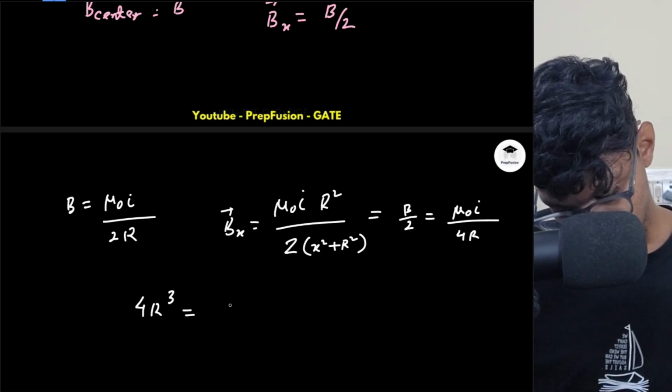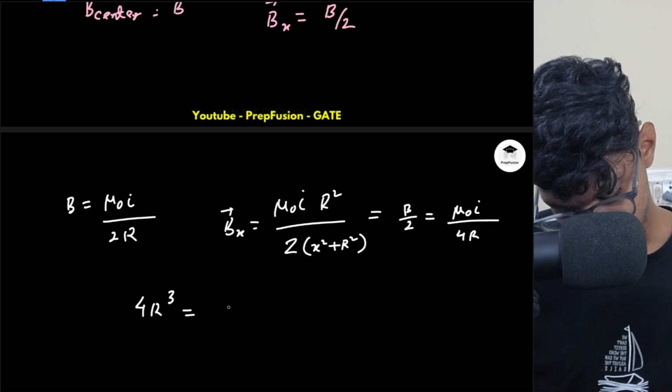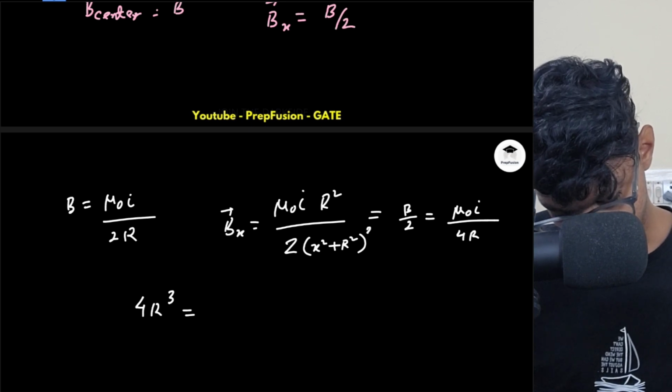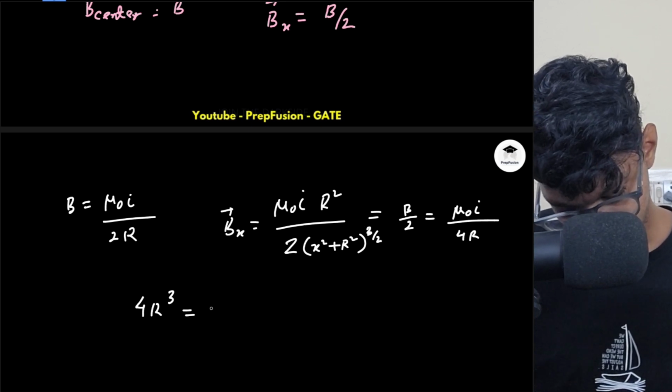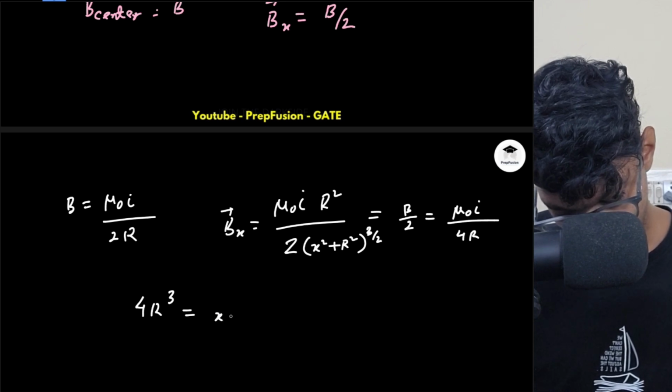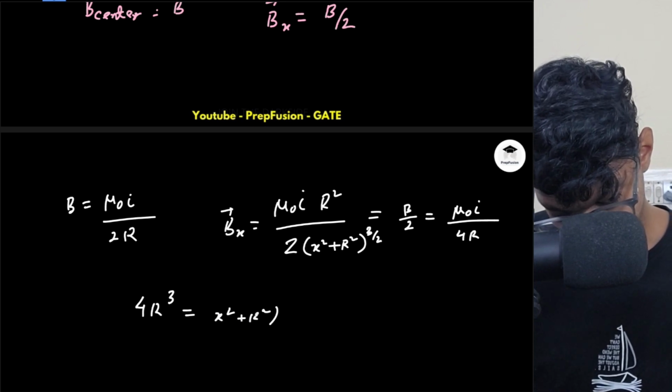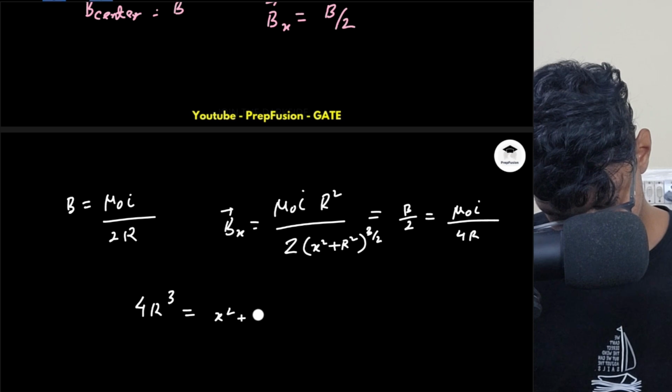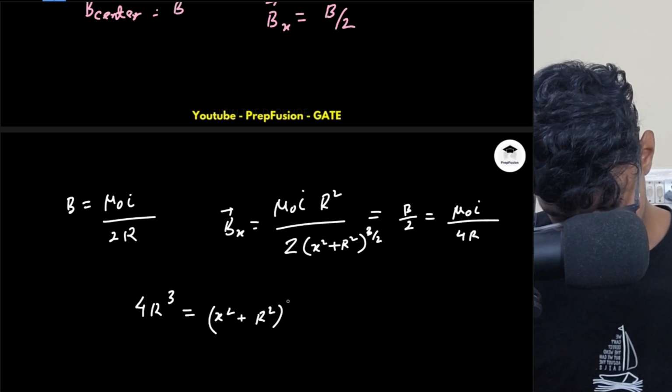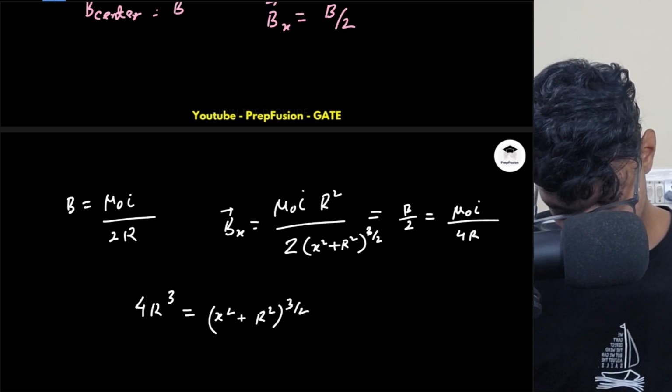So the 2 gets cancelled, and this is 3 by 2. So here this will be x square plus r square to the power 3 by 2.